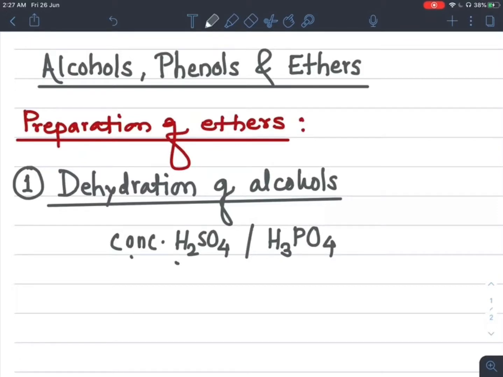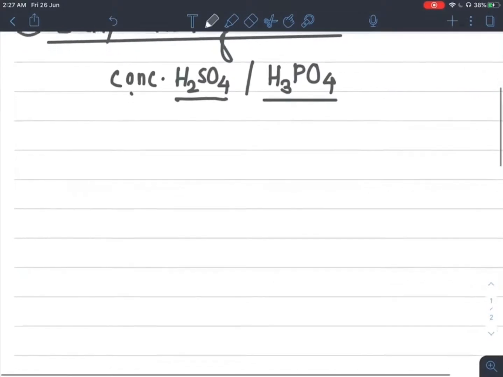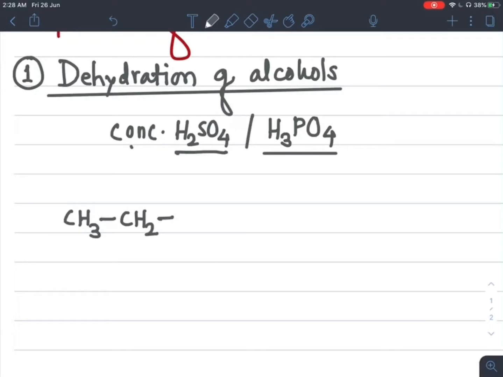So sulfuric acid or phosphoric acid is used for the dehydration. Now see how the dehydration takes place. If we take an example of a two carbon containing alcohol, that is CH3CH2OH.